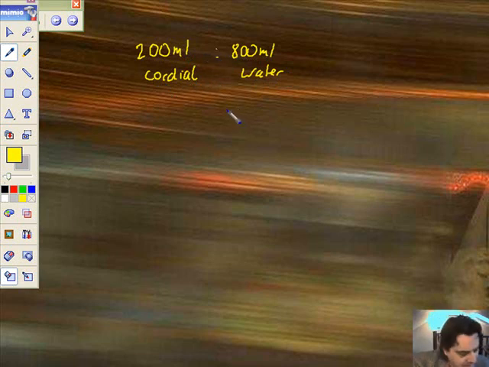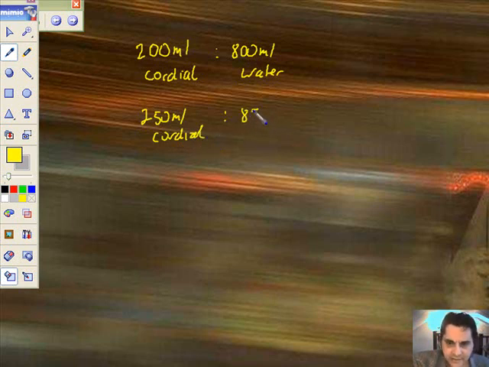Is that alright? Now, James uses 250 ml of cordial, and he uses that to 850 of water. And the question is, is James using the correct proportions? Well, great way to do it.